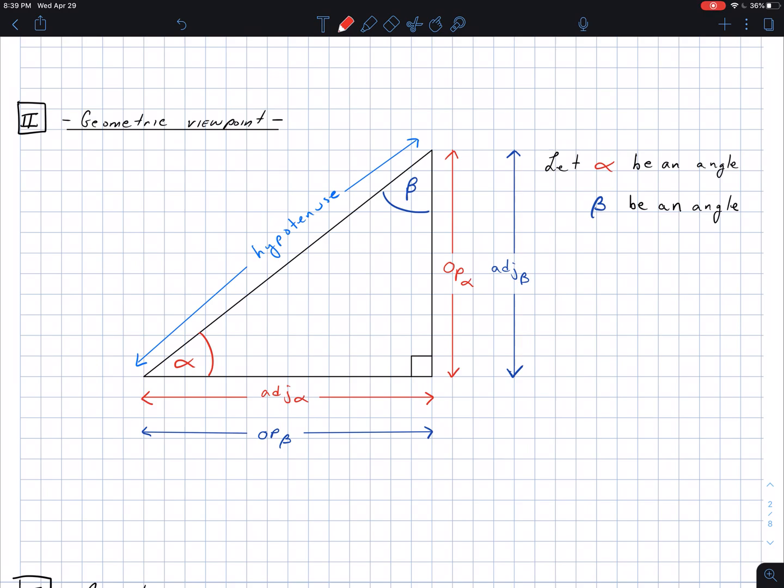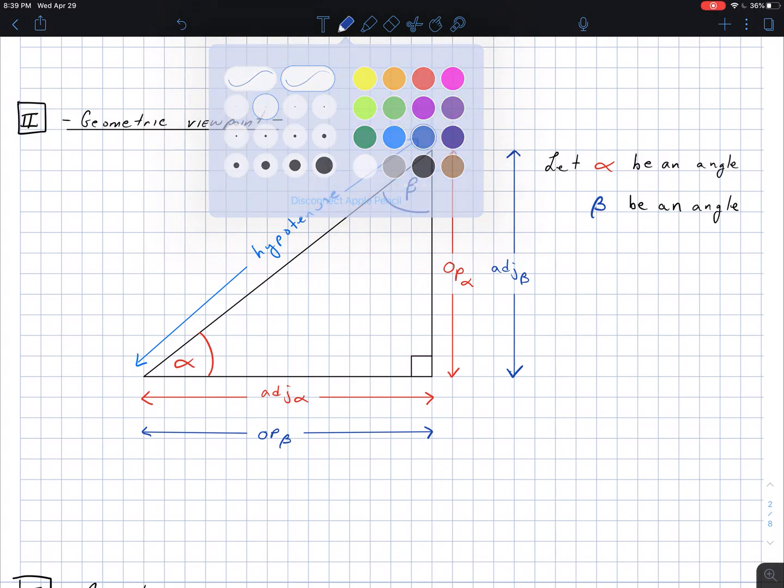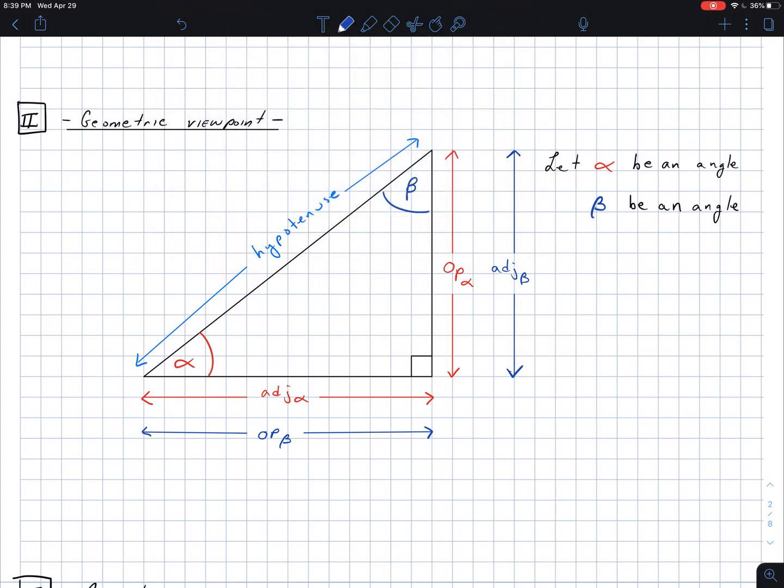The hypotenuse will always be opposite of the right angle. The hypotenuse and the right angle are always opposites to each other because the 90 degree angle will make the largest side. The adjacent side just means next to, and that is also labeled in red. I've also done the same with the blue, beta.